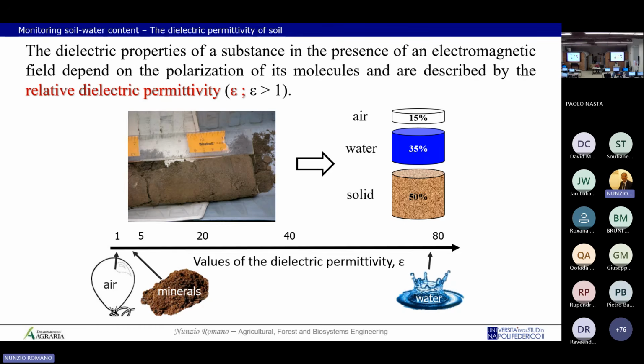So from this situation, people came up with the idea that the dielectric permittivity of soil is mainly governed by the variation of the water contained in the soil. So there was a very important field of research on the measurement of soil dielectric permittivity.